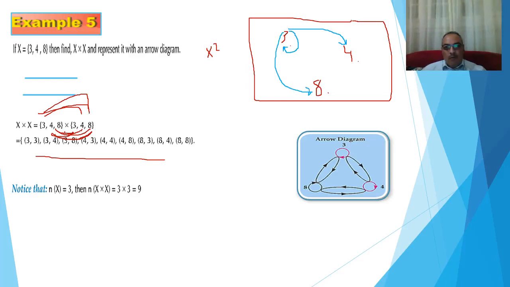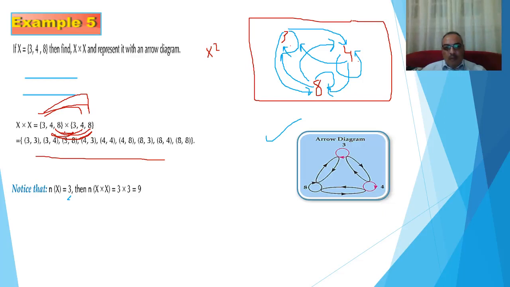Now 4 to 3, 4 to itself, 4 to 8, 8 to 3, 8 to 4, 8 to itself. Arrow diagram. Note that the number of elements of x is 3 elements, sorry.